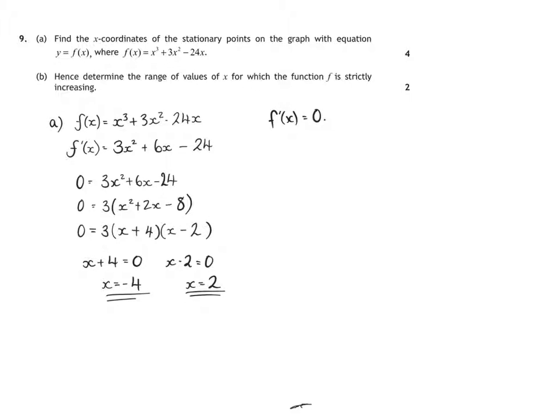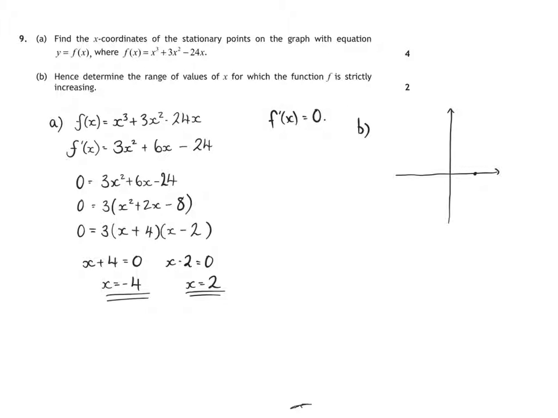Right, so for part B, we have been asked to find the range of values for x at which the function is strictly increasing. So for this, there are a bunch of different ways we can do it, but we are going to do this with sketching the graph of the gradient. Okay, so from part A, we know that the gradient is going to be a parabola, and when this gradient is increasing, it's greater than 0.